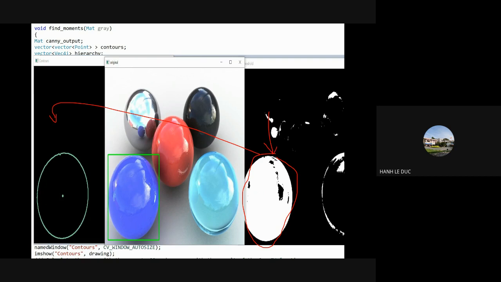After you apply it, you will have many blobs like this, and the blobs will have an area or size. Then you filter the size, and that means you will delete the blobs with small size, and then you will have this one.